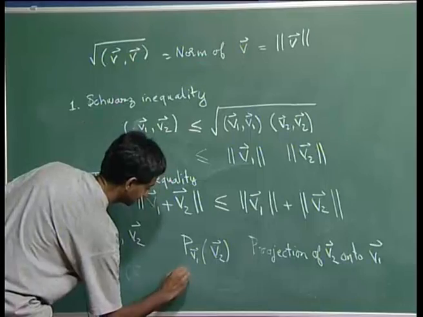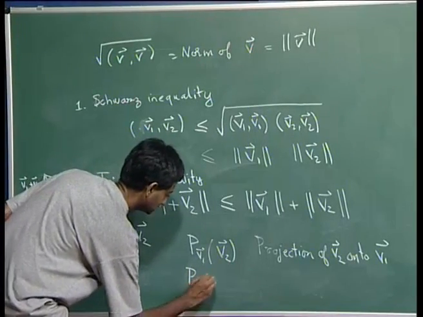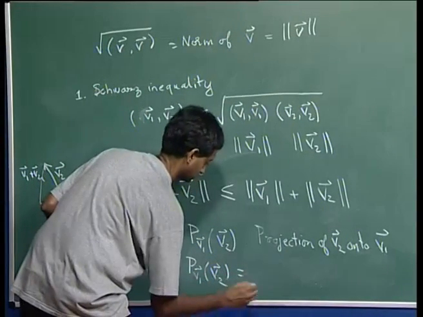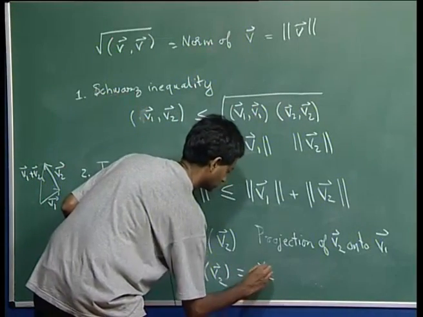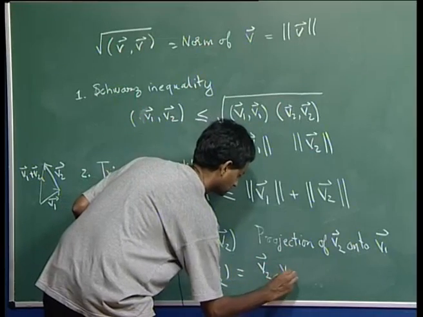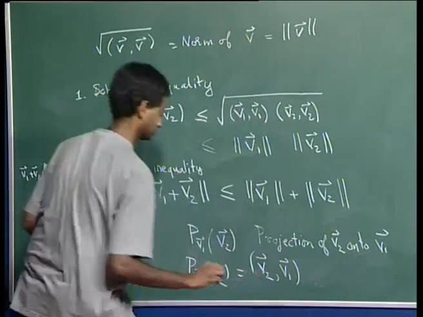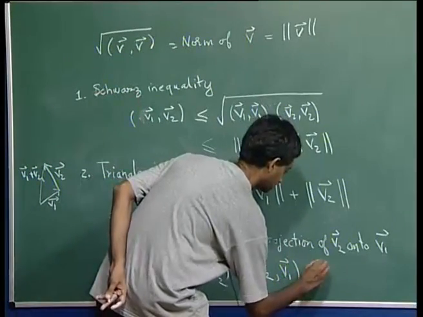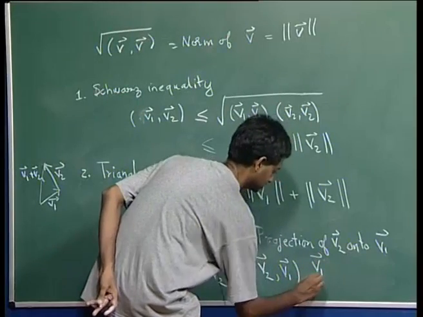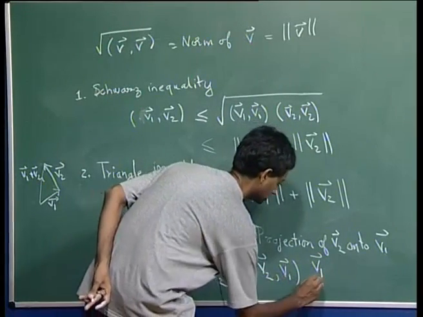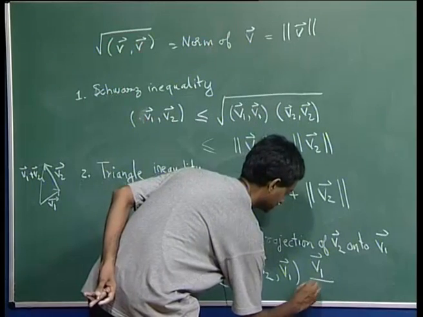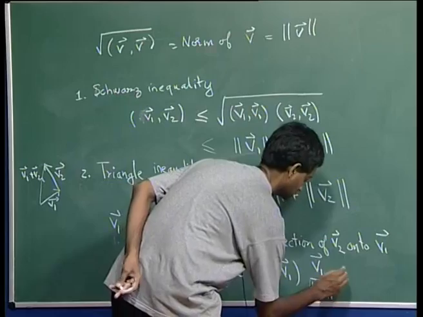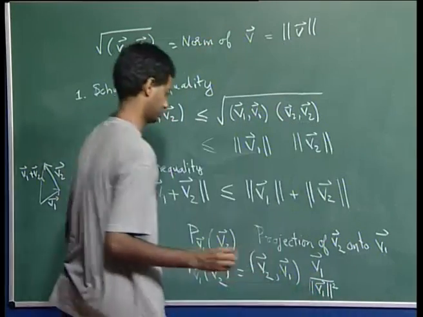So, I can define this as (v2, v1) times v1 divided by the norm of v1 squared.